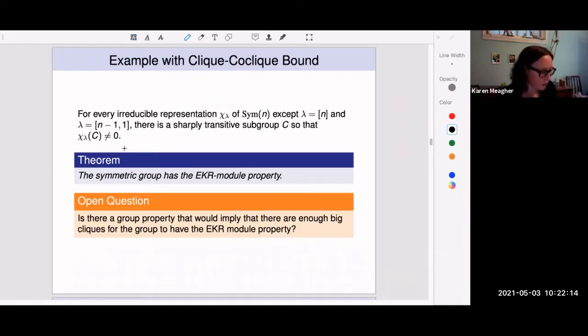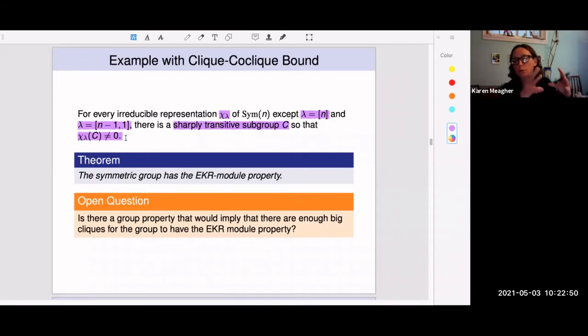There's a little bit more that you can do with this. The symmetric group has these nice, easy, sharply one-transitive subgroups, but it actually has a lot of one-transitive subsets. So what we can actually do is, for every irreducible representation, except the trivial representation and except this special (n-1) one, there's a sharply transitive subgroup so that the projection is not equal to 0.